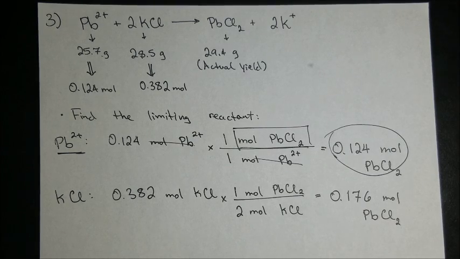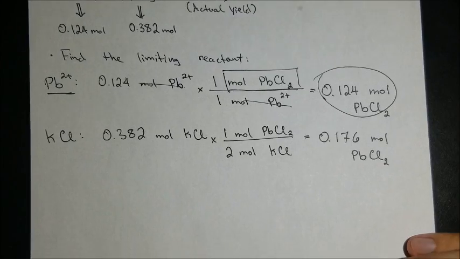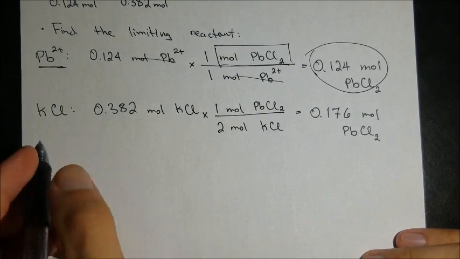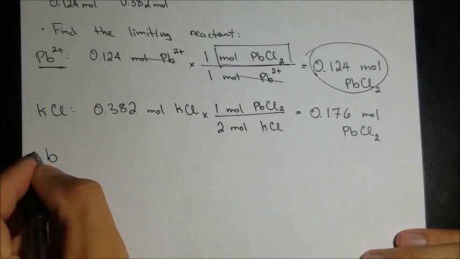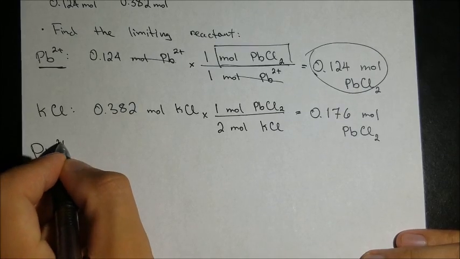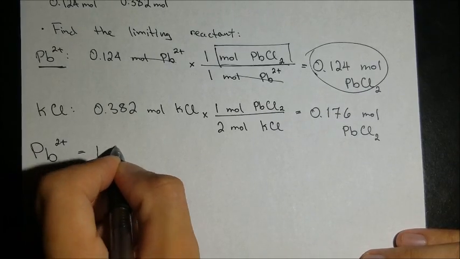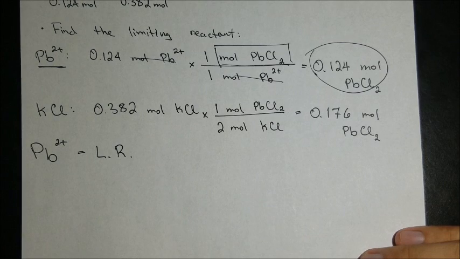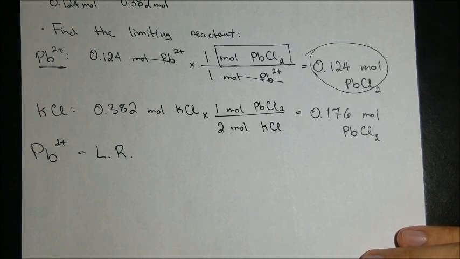That's going to mean that we're going to run out of the lead first. So let me bring this down. So the lead is the limiting reactant. Okay, and now we also know how much lead 2 chloride we made.